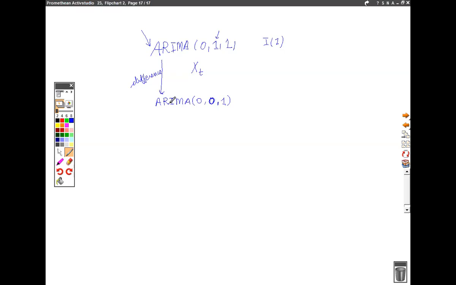So let us say that I have my variable xt and I have differenced it once. And after differencing it once, I define a zt, which is just the difference of xt, so it is xt minus xt minus 1. And basically, if I'm writing ARIMA 0, 1, 1 for xt, I know that my zt is nothing but ARIMA 0, 1.